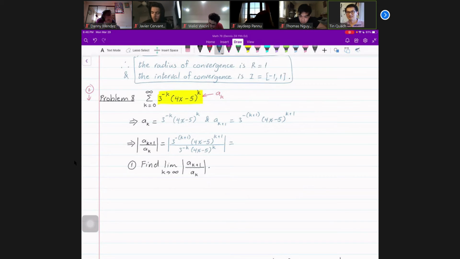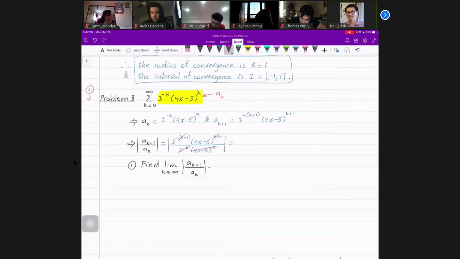So to simplify, you see that this one can cancel out with that one right there. And then that one right there can cancel out with this one. Let me use this color so it's easier for you to see.